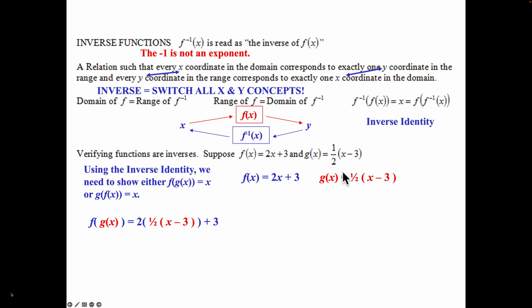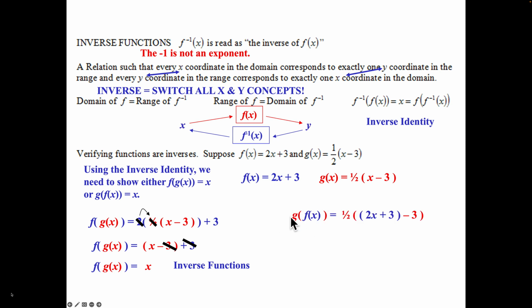You take all of g, put it into the blue x, that's what I have right here, and now you start simplifying. 2 times the half times the binomial. The 2 gets multiplied to the half, that cancels each other out. X minus 3 plus 3, minus 3 plus 3, they cancel out. F of g of x is equal to x. That's good enough for me. They are inverse functions.